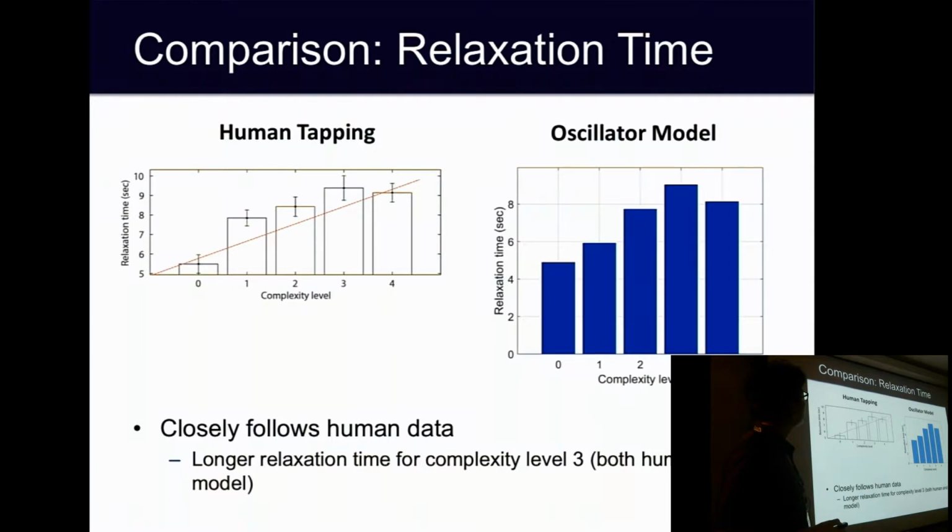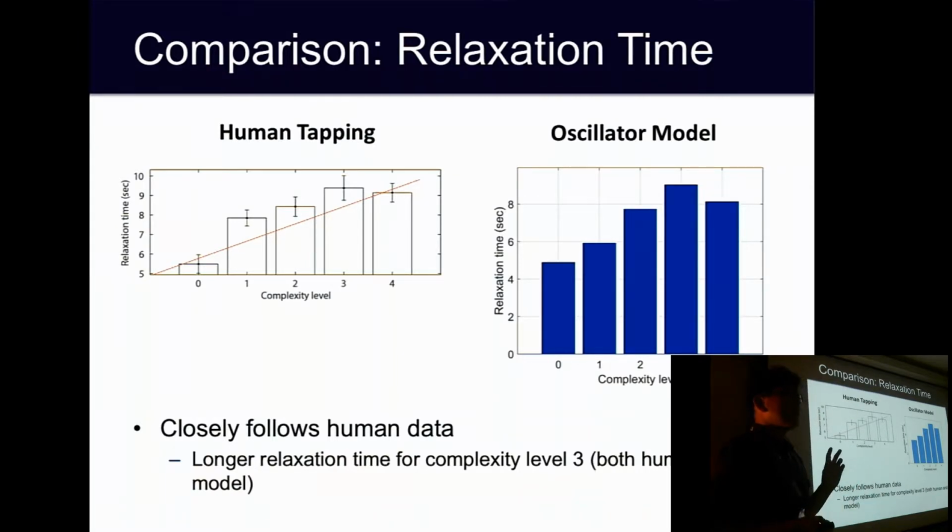Now the comparison of relaxation time. Human tappers, as I mentioned, took increasingly more time until they reached steady tapping for more complex rhythms. And as you can see, the model captures this very closely. Interestingly, the relaxation time was longest for complexity level 3 for both human and model.